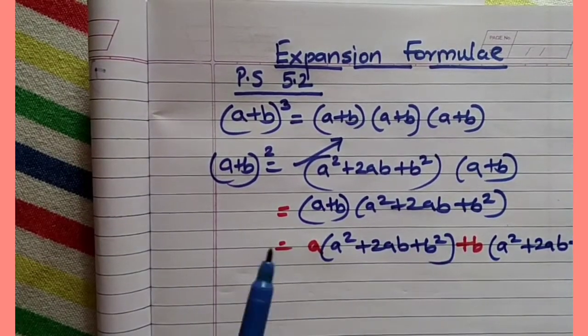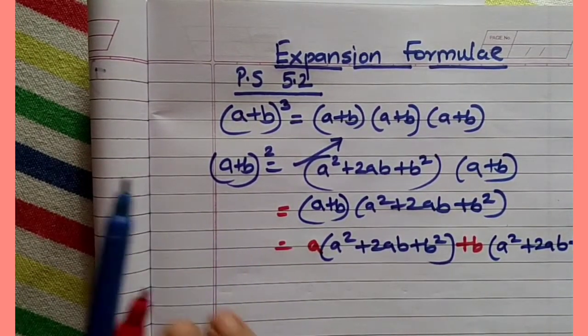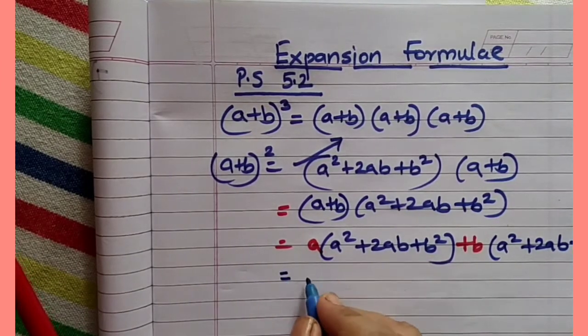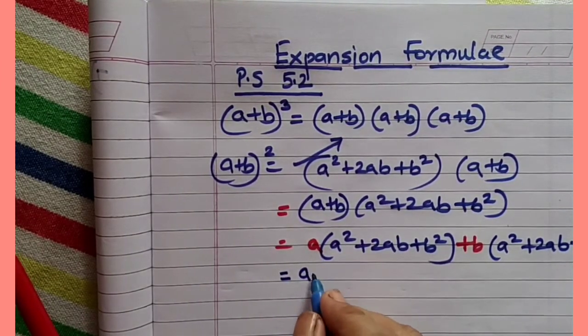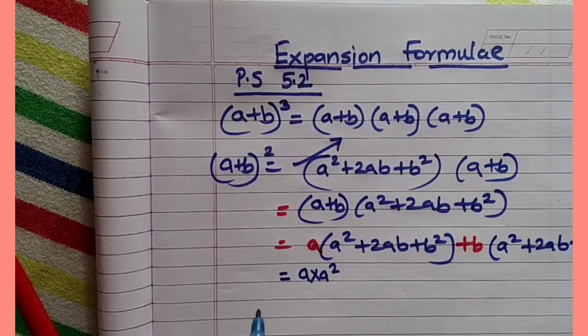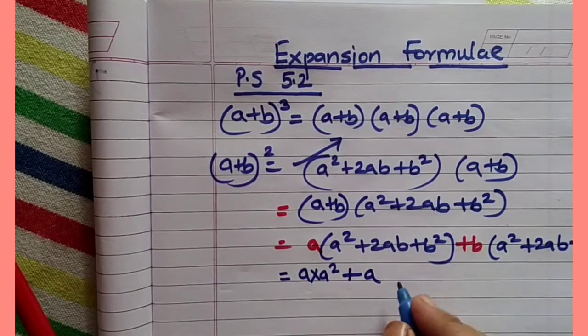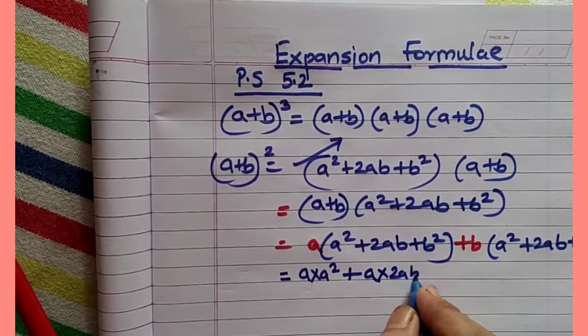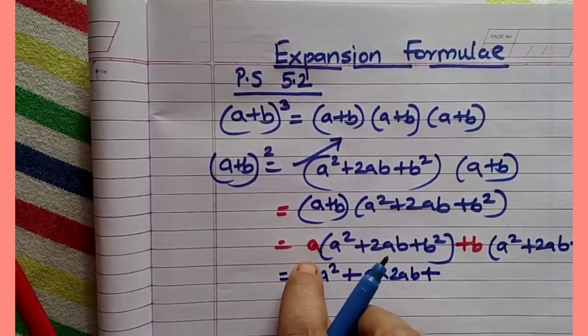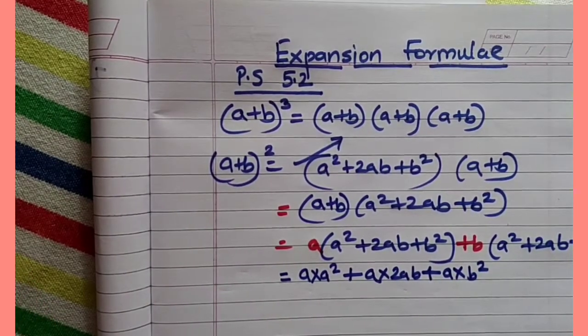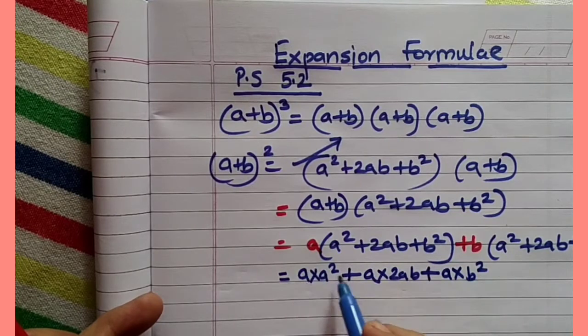Now what are we going to get? I'll write the whole equation so that you will understand. So this will be a multiplied by a^2, plus a multiplied by 2ab, plus a multiplied by b^2.